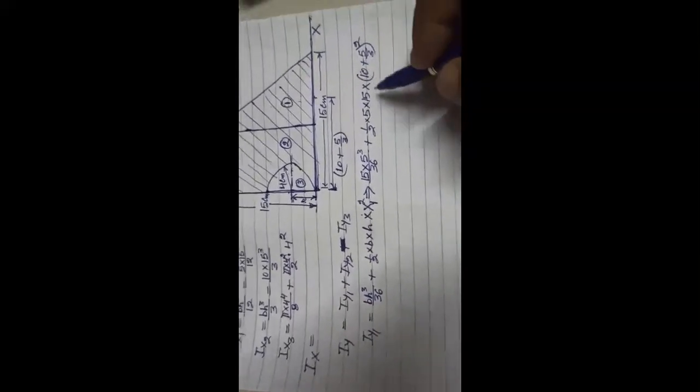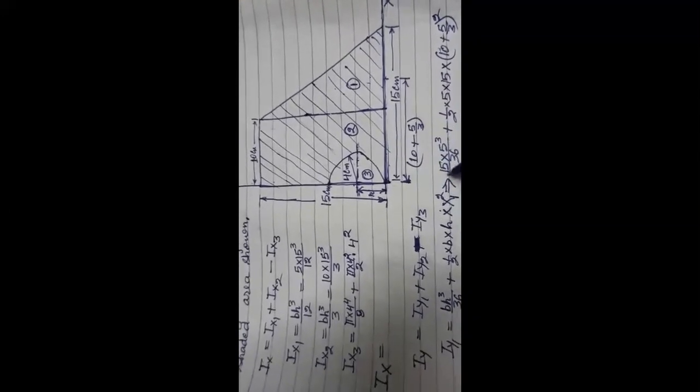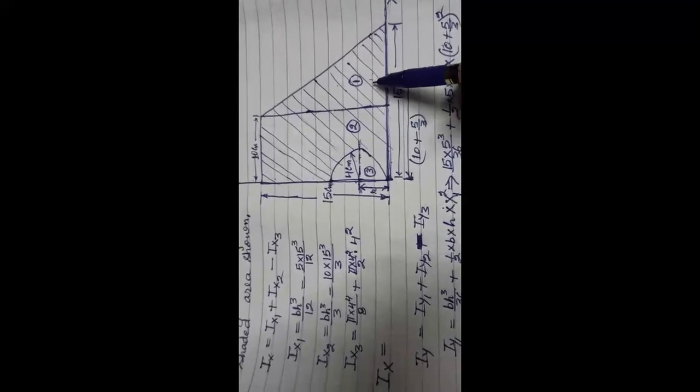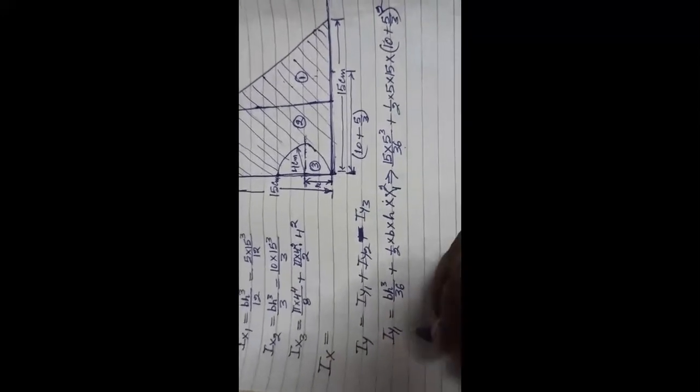This is very important. Please remember that the moment of inertia about the centroidal axis of the triangle is transferred to here. From this centroid, the distance is 10 plus 5 by 3. So BH cube by 36 plus 1 by 2 into 5 into 15 into 10 plus 5 by 3 whole square. Now Iy2 is for the rectangle.